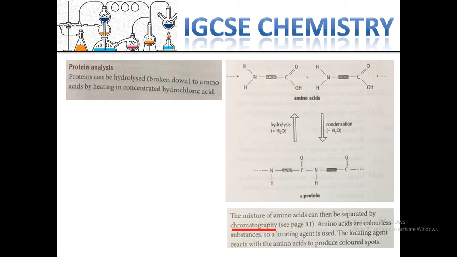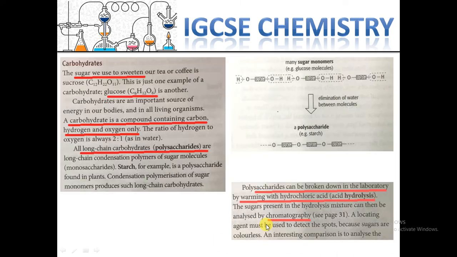We learned many different methods for separating phases, like a mixture of gas, or a mixture of solid and liquid. But here you should know that a mixture of two amino acids or other monomers can be separated by chromatography.